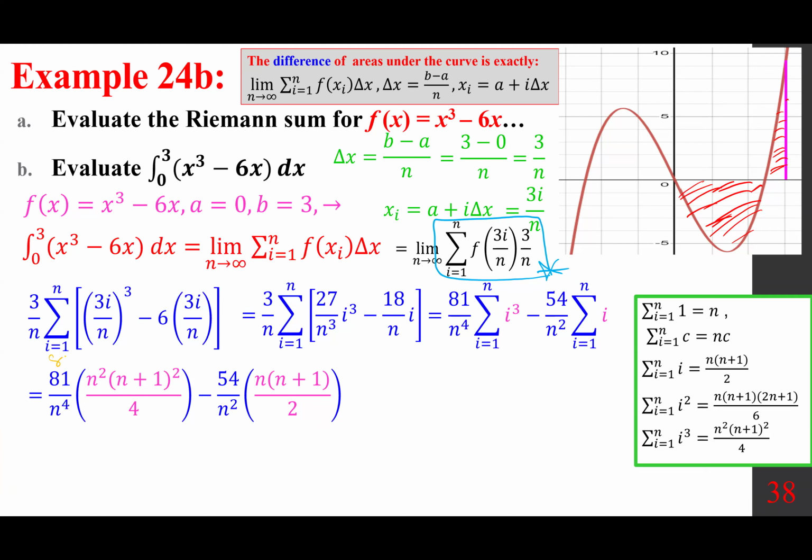So the limit, this integral, is the limit of this expression. Because n is to the power of 4 and n is to the power of 4, they have the same degree. This becomes 81 over 4, minus, this has degree 2, 54 halves.